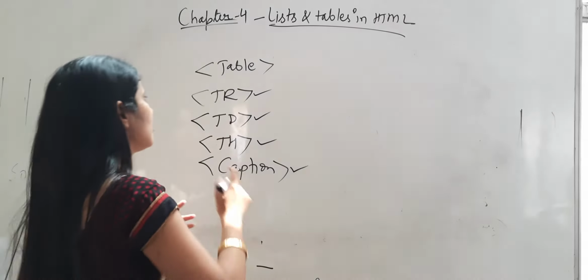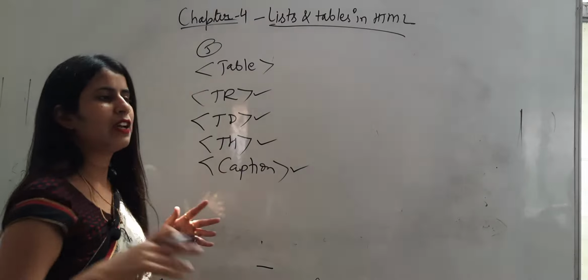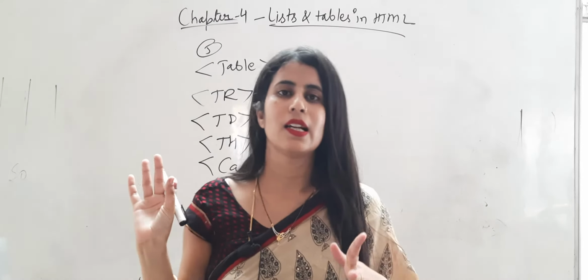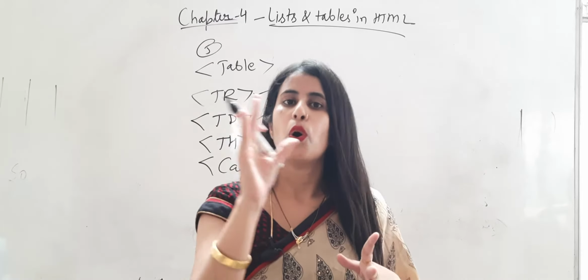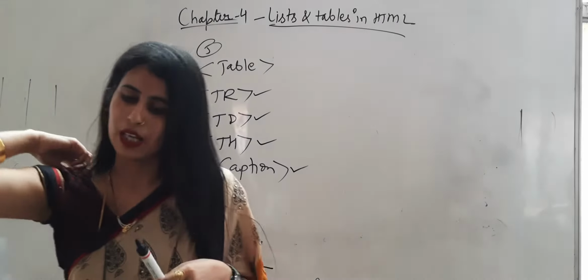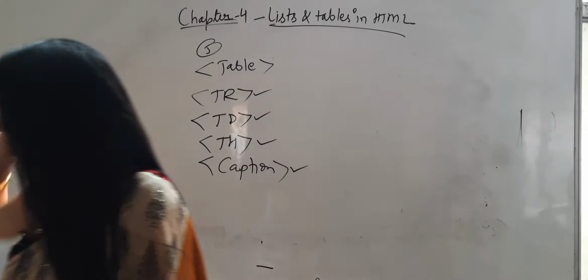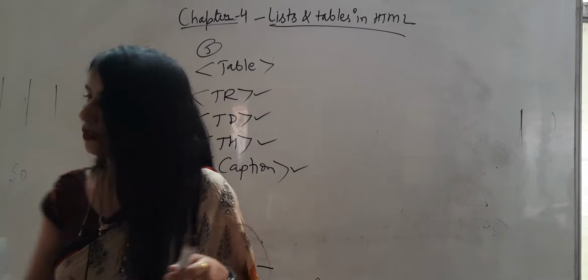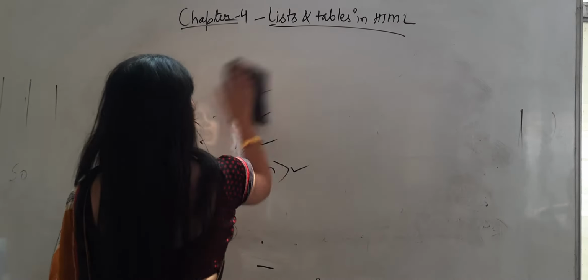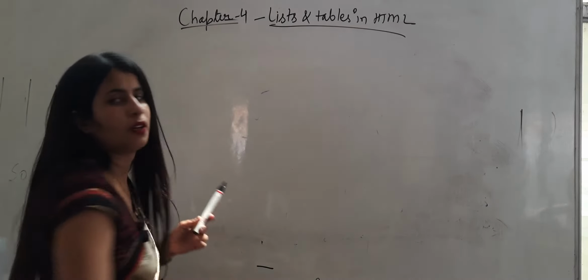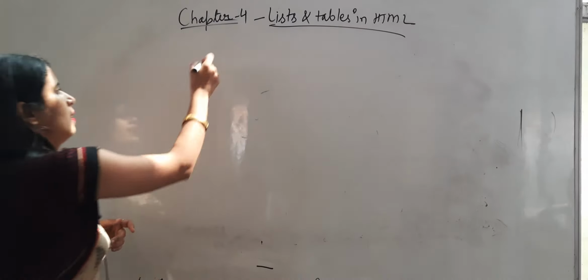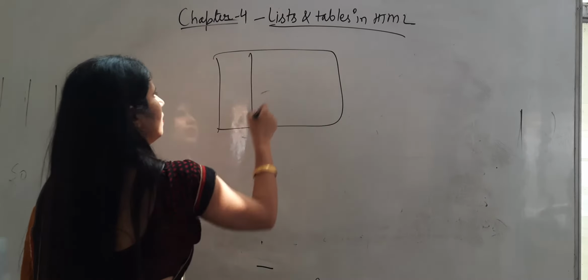So in tables we have these 5 tags. All are container tags. Suppose we have to construct a table. Suppose this is a table.